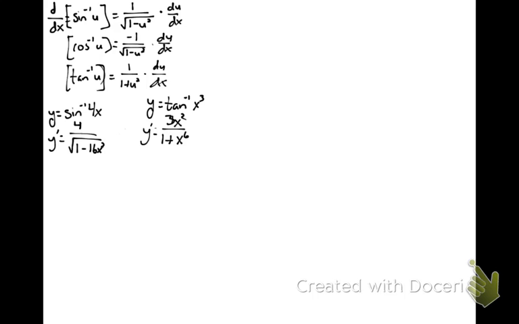Another example, same idea. y equals the quantity, the inverse cosine of x over 2, cubed. What's the derivative? Well, here we can start with the power rule, and then we'll just use the chain rule a bunch. So by the power rule, we'll have 3 times the inverse cosine of x over 2, squared, times the derivative of the inside.